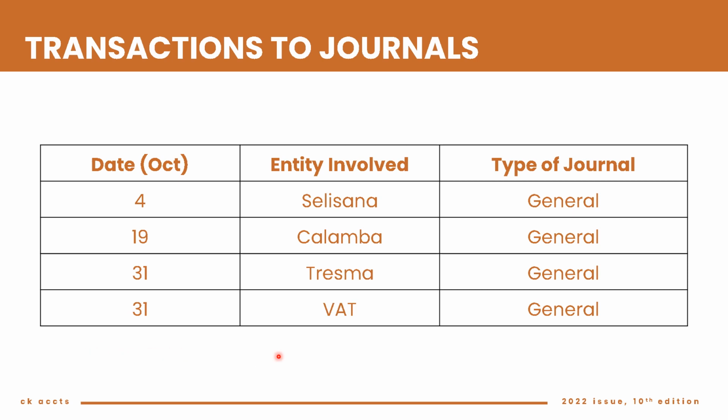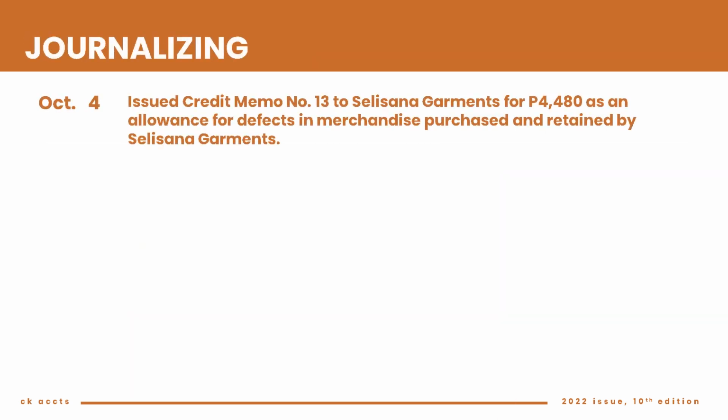Okay, transactions from October 4, 19, 31 and 31 din. Ayan. And yung mga entity involved, Salisana, Calamba, Tresma, and yung VAT natin or yung recording for the VAT ni Kashato. Yung dapat niyang bayaran sa BIR. Okay. Tapos, yung type of journal, ayan, general journal.